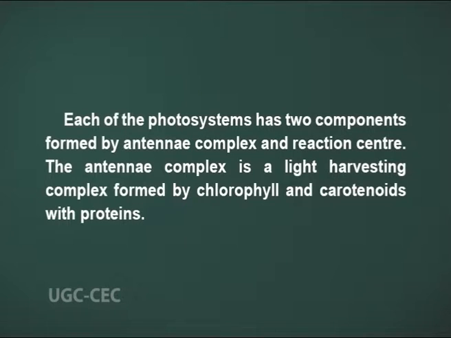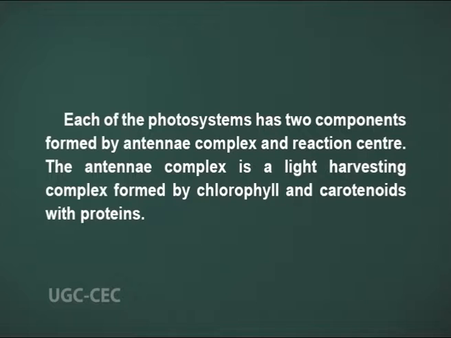The photosynthetic process depends on a set of complex protein molecules and pigment molecules that form the two photosystems, that is, photosystem 1 and photosystem 2, that are located in the thylakoid membranes. Each of the photosystems has two components formed by antennae complex and reaction center.